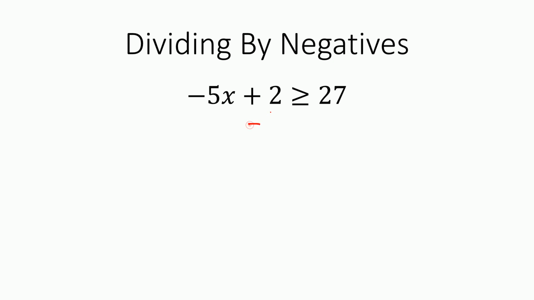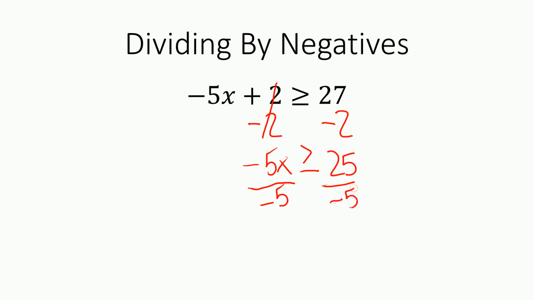So we have to start with subtracting 2 to get the inequality a little bit simpler before we can actually solve it. But when we divide by a negative value, that causes this inequality symbol to flip.